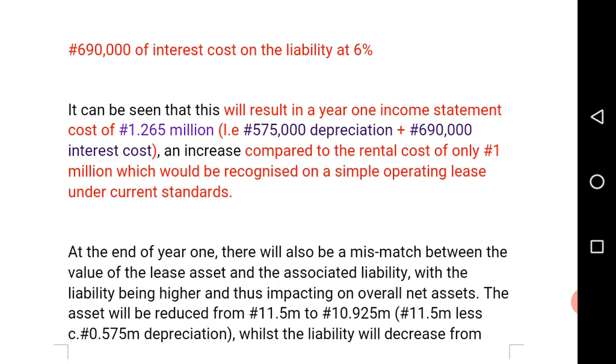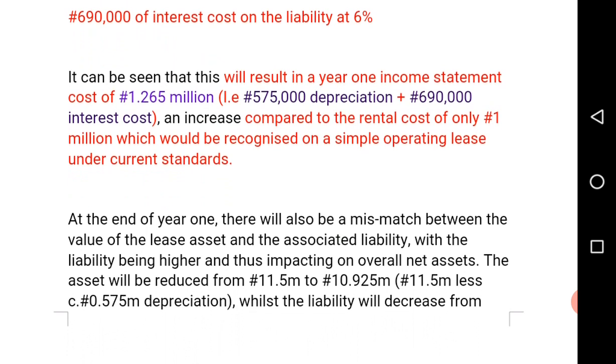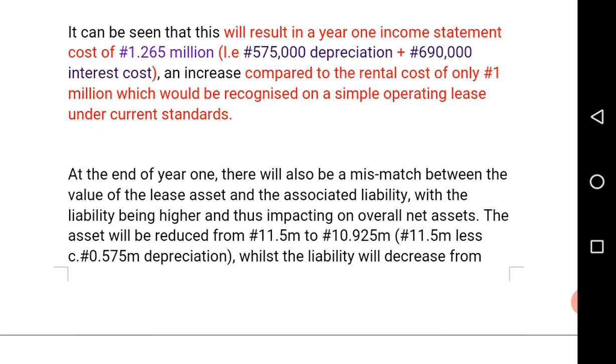We'll pause that, and it says at the end of year one there will be a mismatch between the value of lease assets and the associated liability, with the liability being higher, thus impacting on the overall net assets rather. The assets will be reduced from 11.5 million naira to 10.925 million naira.